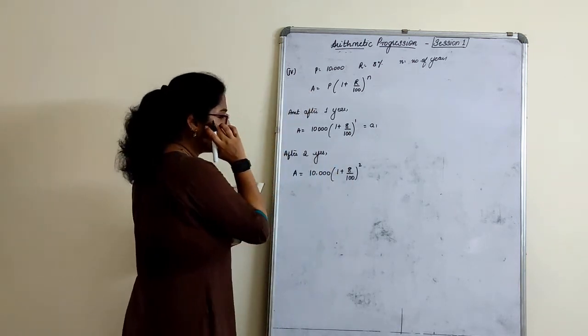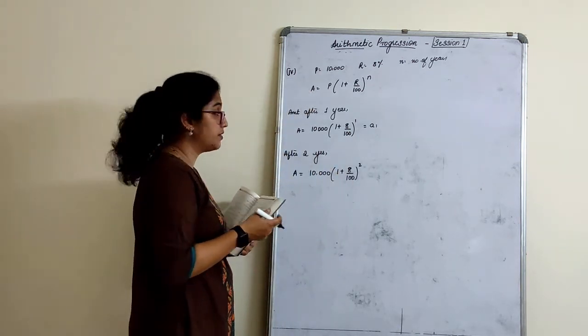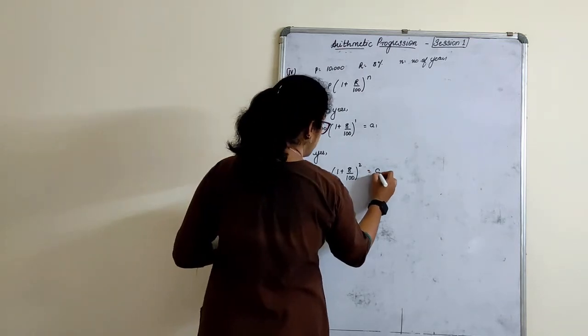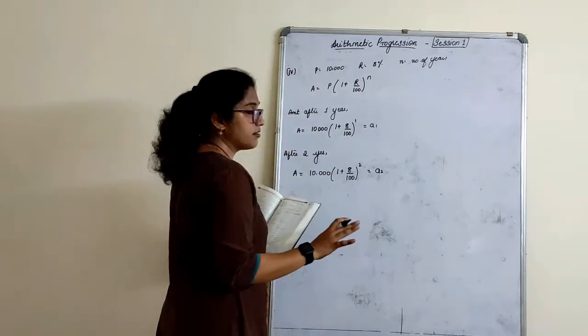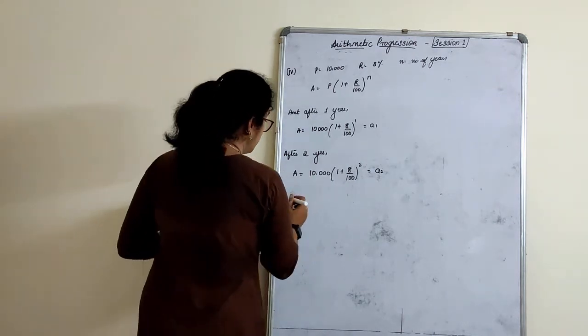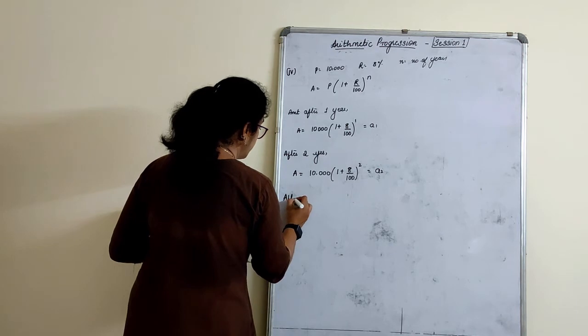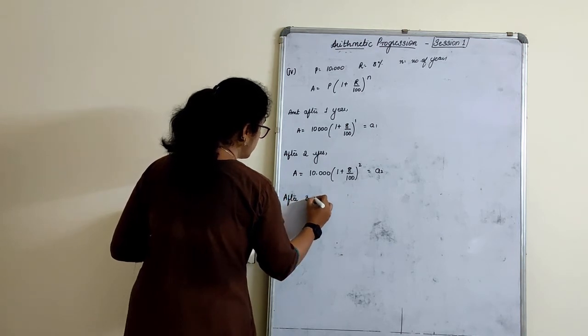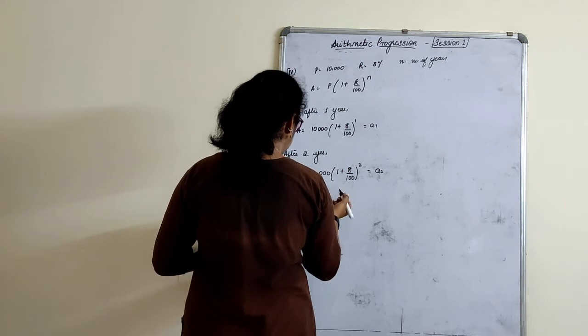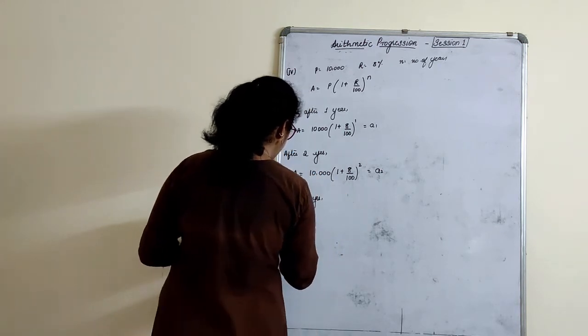We will just keep it as raised to 2, raised to 3. Otherwise, if you go on actually calculating, that's not practical. We anyhow know that compound interest will not come in AP, right? So after 3 years, the principal will not be the same, because interest gets added, children.